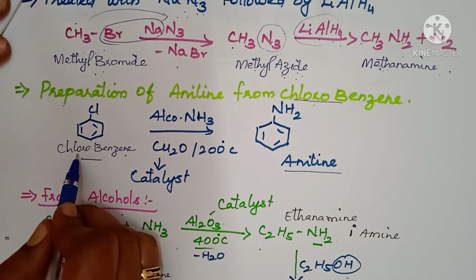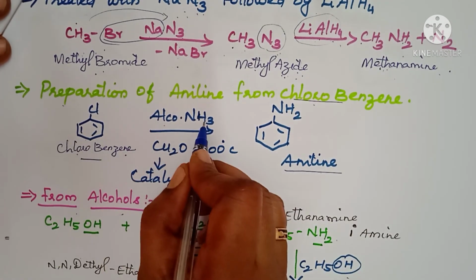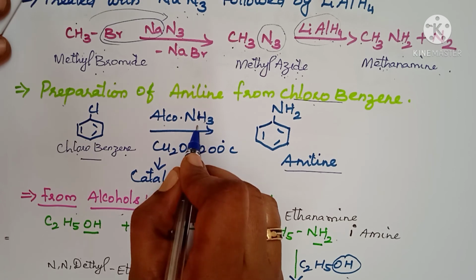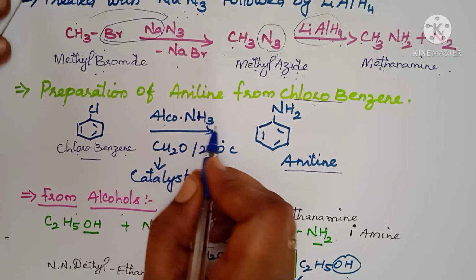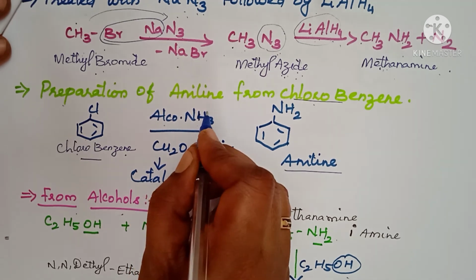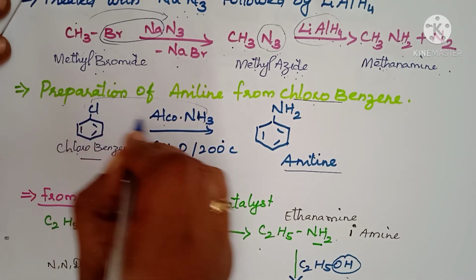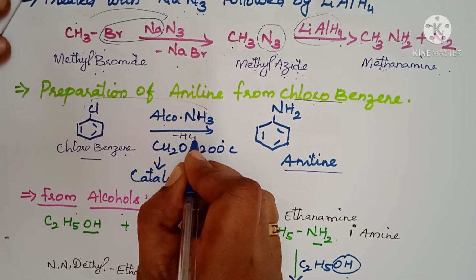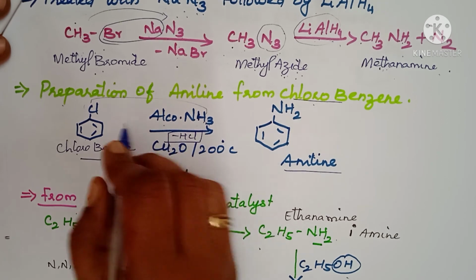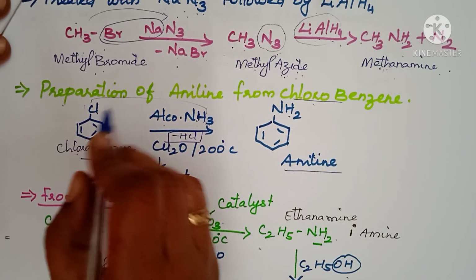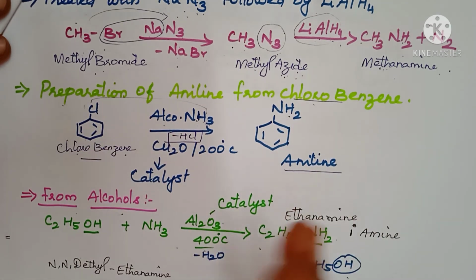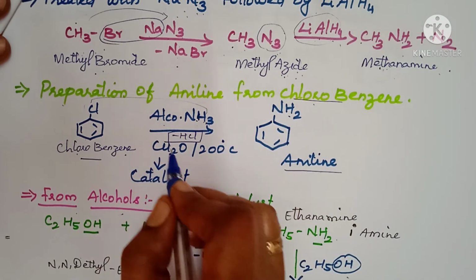Okay, now chlorobenzene, alcoholic NH3. Here you are using alcoholic NH3, that is ammonia group. So in that one hydrogen is going to sit over there, so you will get minus HCl. Then the remaining part is just chlorobenzene, the chlorine atom is replaced and NH2 will sit over there.